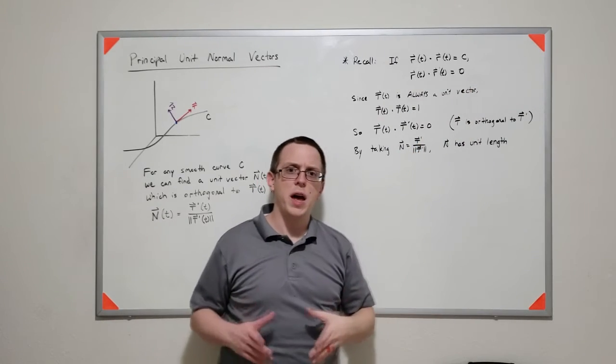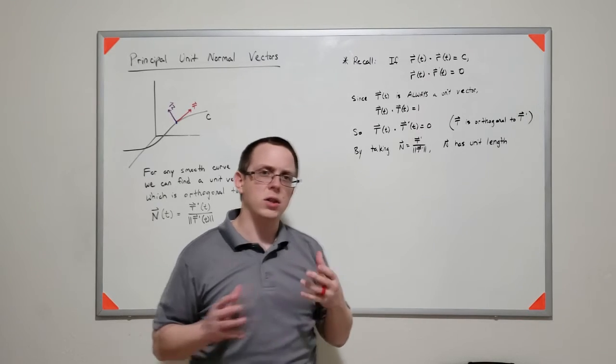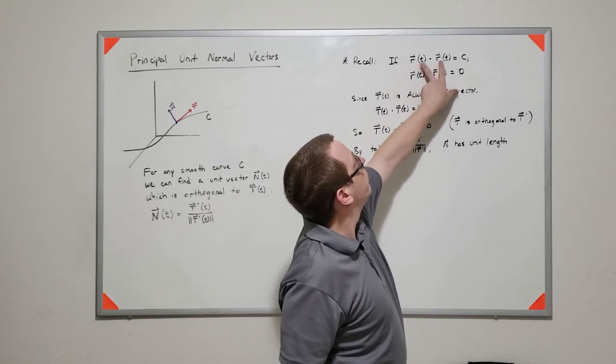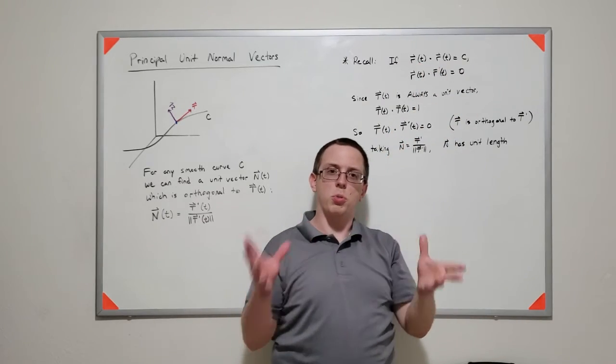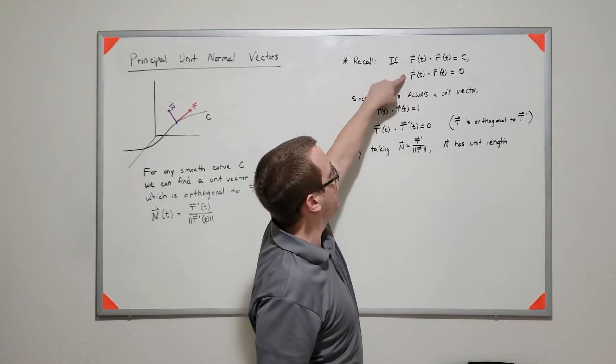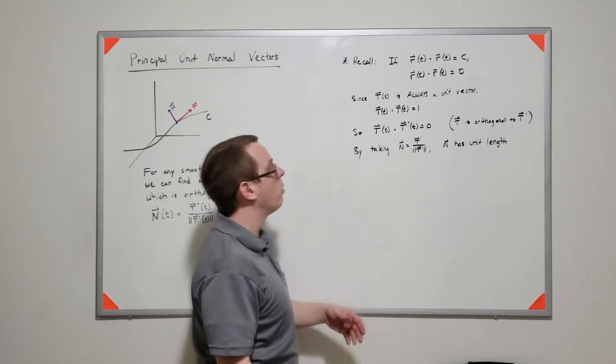And we can prove that using, it actually follows pretty straightforwardly by taking the derivative of both sides. You would get 0, and the derivative of the dot product would use the product rule, and you'd end up with a 2 when you added them together, and then dividing both sides by 2 gets you that. So it follows pretty straightforwardly.